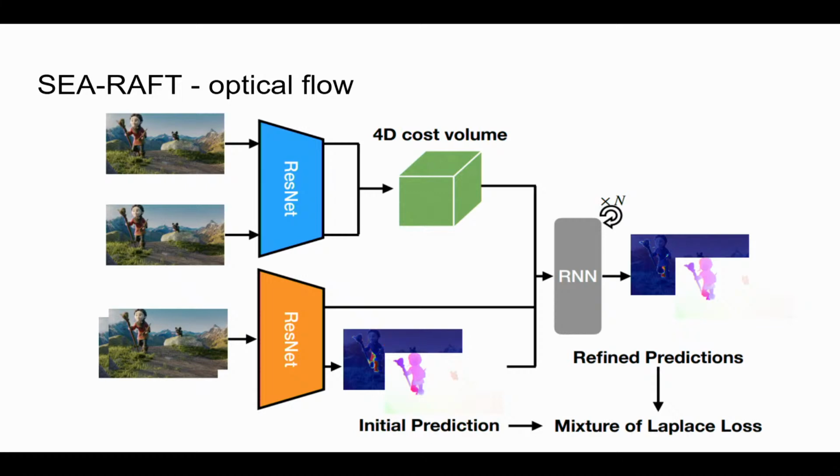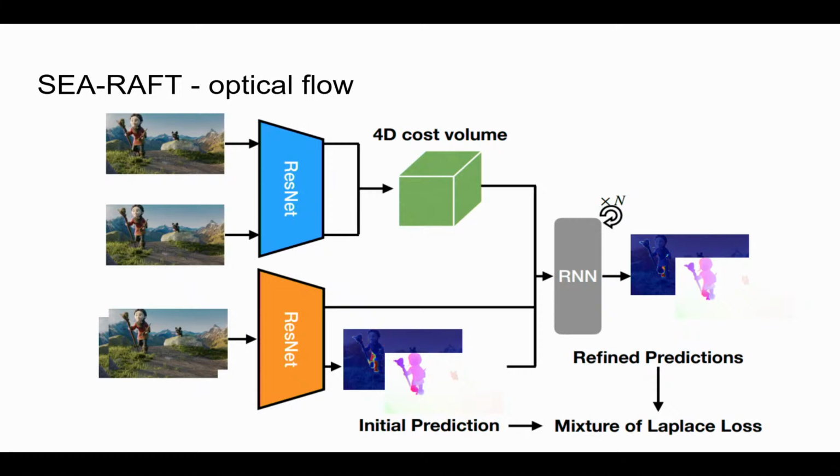So you get XY coordinates from here and the other XY coordinates from the other image. That creates a 4-dimensional cost volume, how similar each part of this image is to each part of the other image. And this cost volume is processed further.